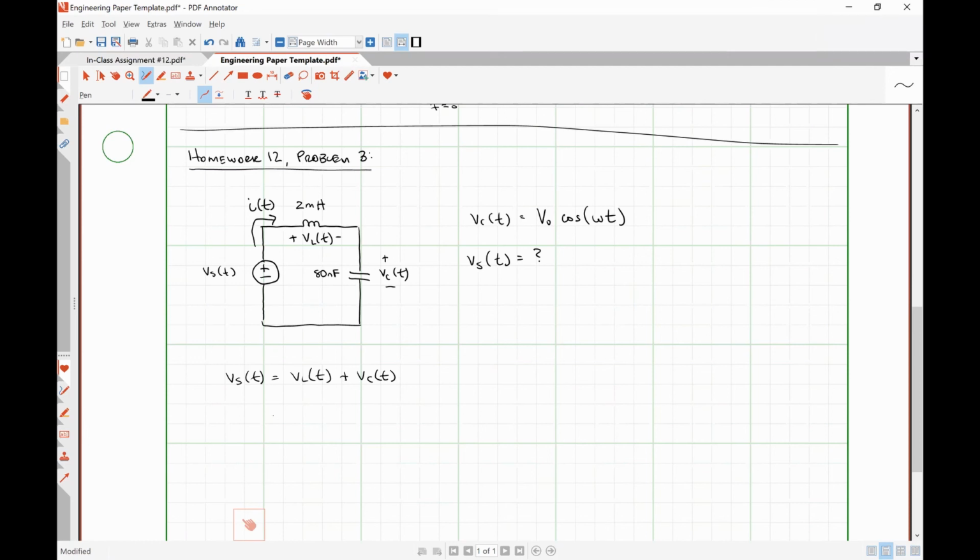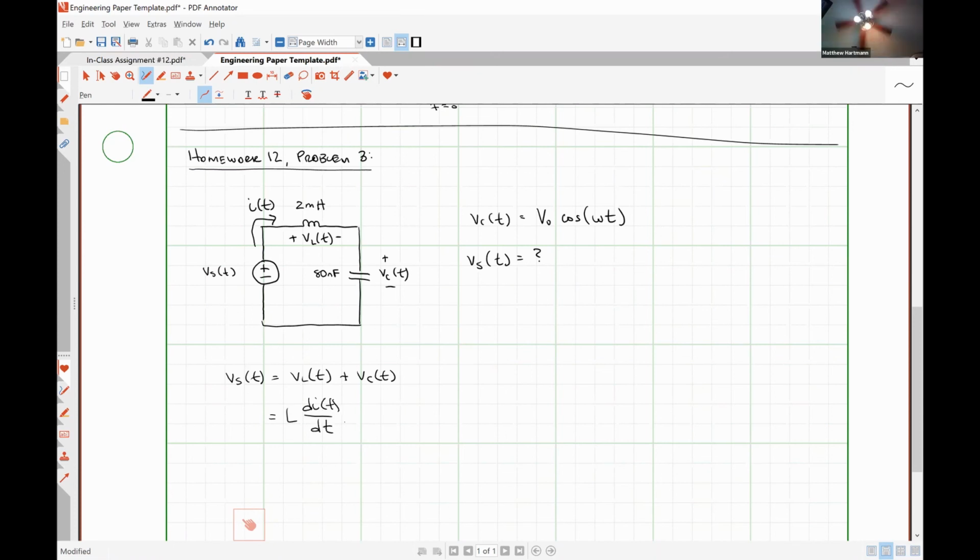VC is the 1/C integral, and VL is L d current over dt. All right.